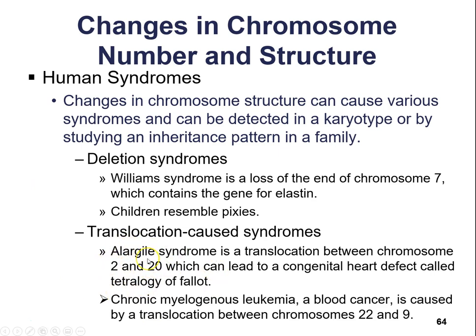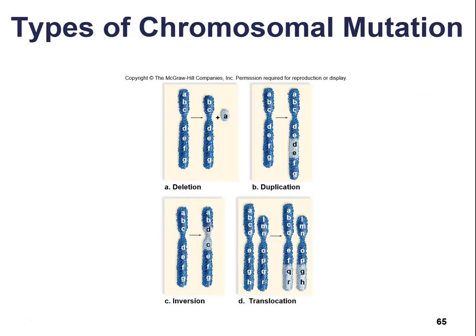Again, a translocation between chromosome 2 and 20. A type of leukemia, chronic myelogenous leukemia, which is a blood cancer, is caused by a translocation between chromosomes 22 and 9. So that's another example of a syndrome caused by translocation.